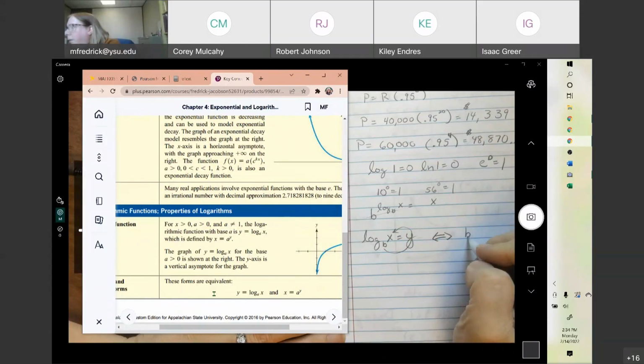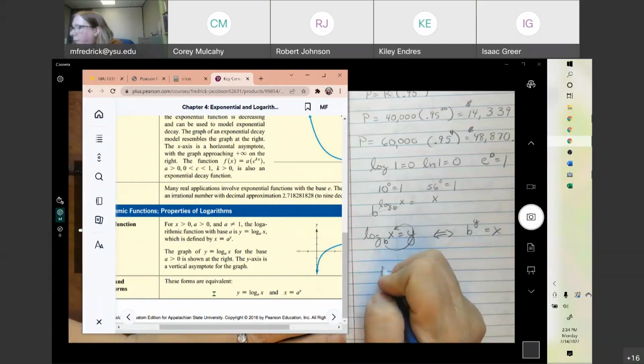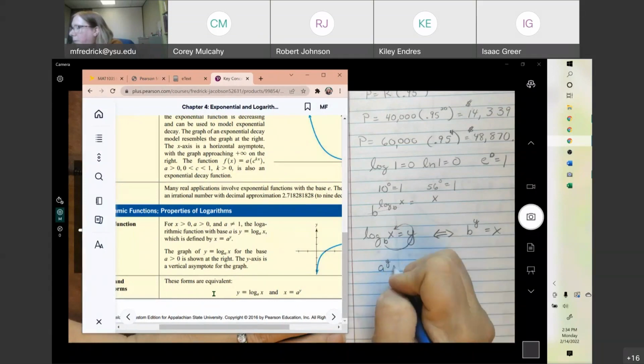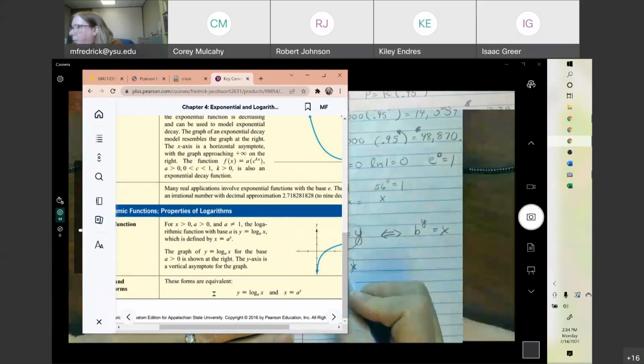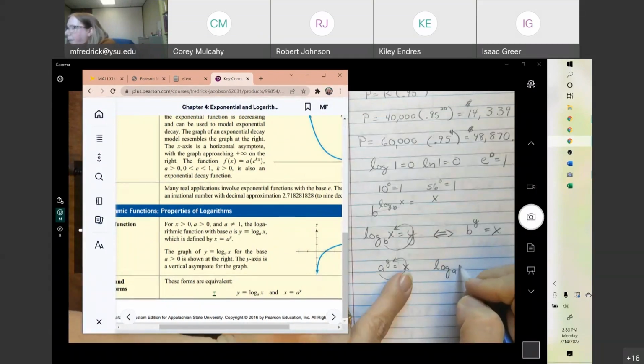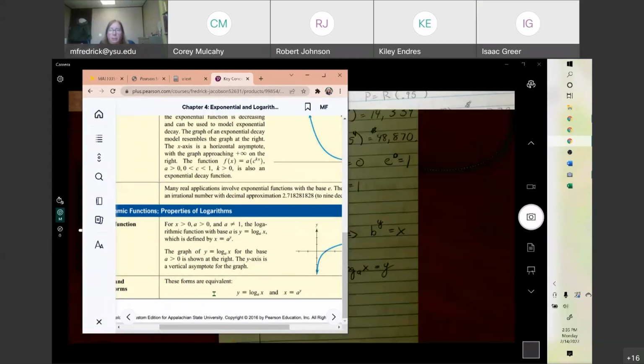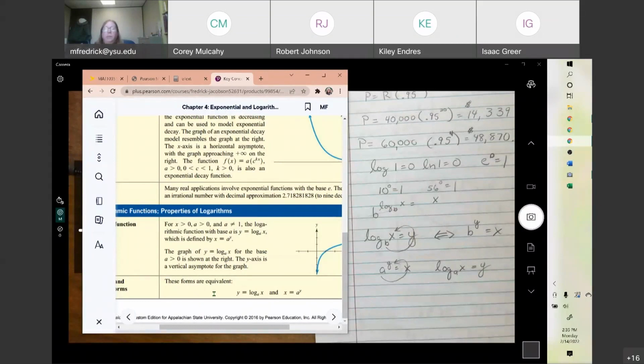B to the y equals x. And that works going back the other way. We use a this time. Start with the base and loop around. Log base a of x equals y. So you just do that little loop and then it's easy to memorize. And you can go either way. Most of the time we have a log and we're trying to get rid of it. But sometimes we want to write it the other way.